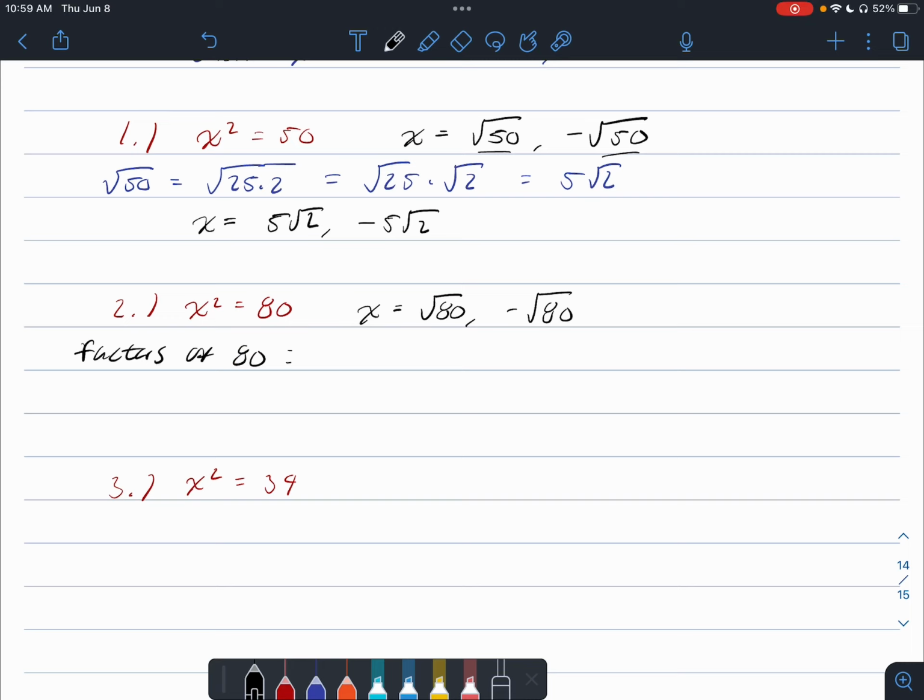So the factors of 80. We have obviously plus or minus 1. We'll just do positive now, so I don't have to write plus or minus for each of these, but just know that they're plus or minus as well.